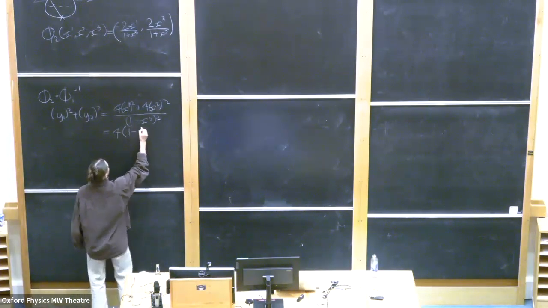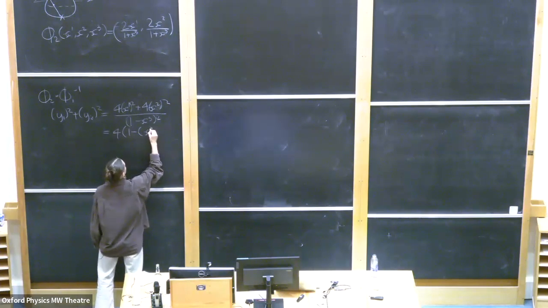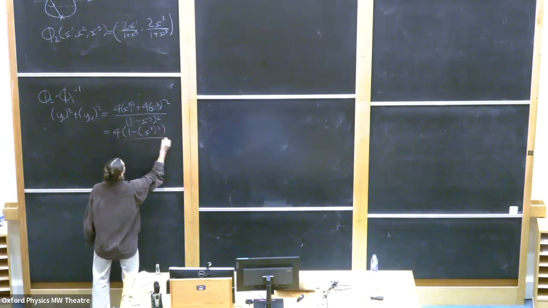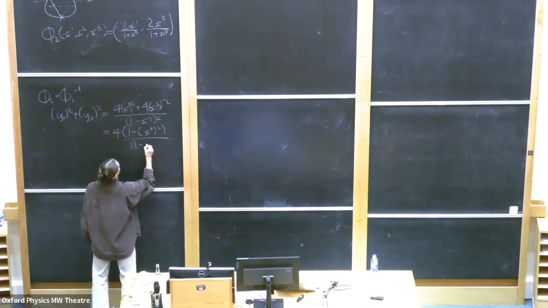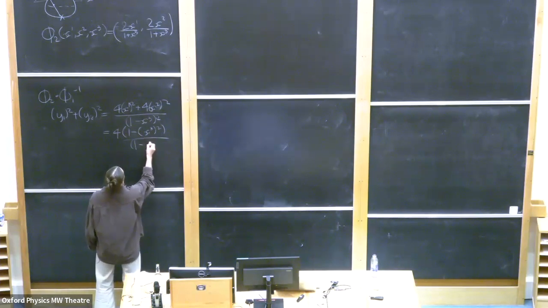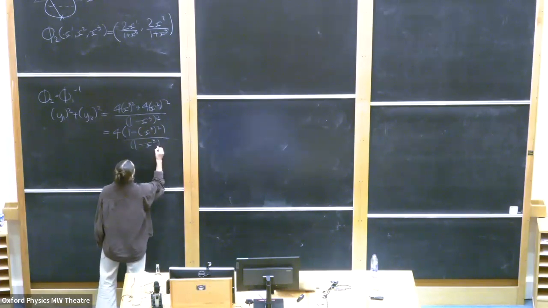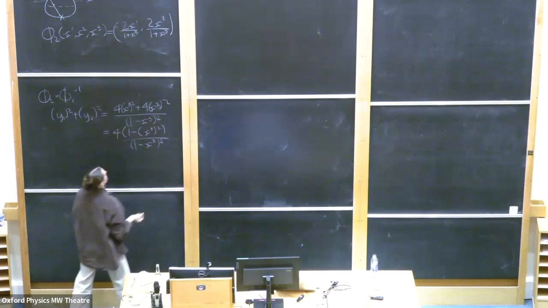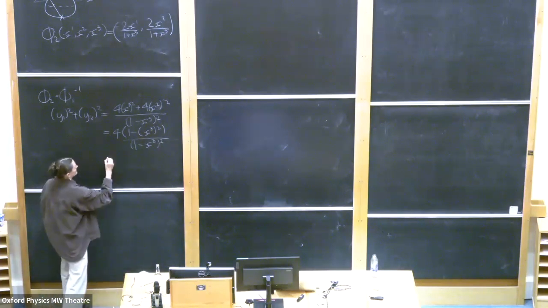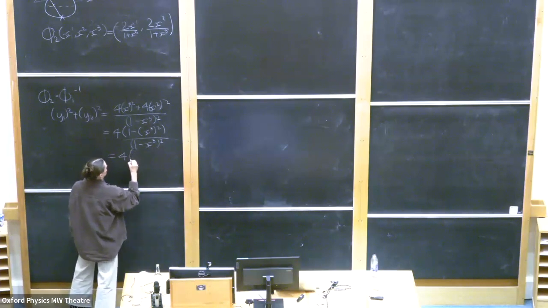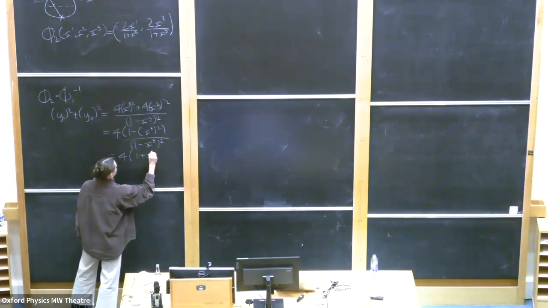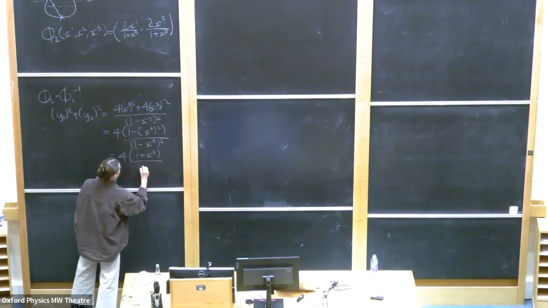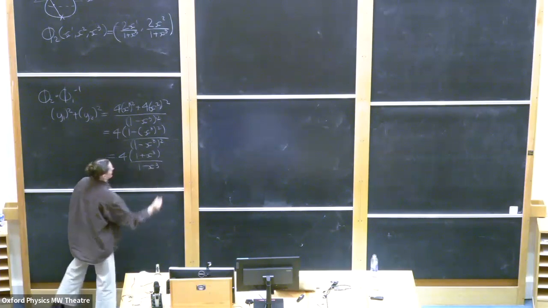Now I have 1 minus x3 squared on top, and (1 minus x3) squared on the bottom. And now we can simplify this further. This becomes 1 plus x3 on top and 1 minus x3 on the bottom.